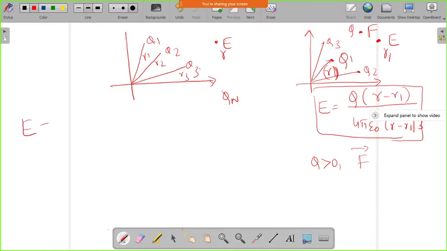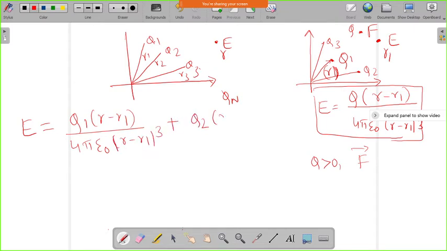That is given by E equal to q1 into (r minus r1) divided by 4 pi epsilon naught |r minus r1| whole cube. Similarly q2 (r minus r2) divided by 4 pi epsilon naught |r minus r2| whole cube, and similarly like that up to n number of charges.